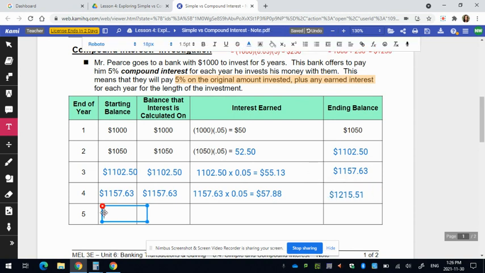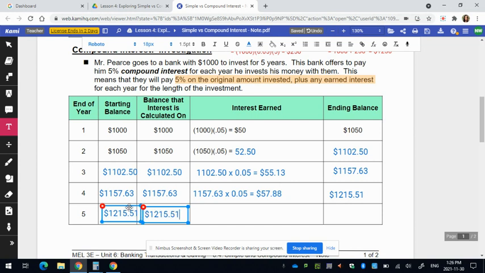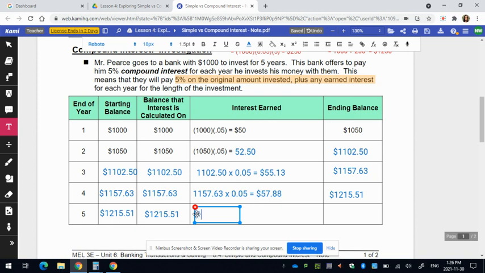That's what we'll start out with and what we'll calculate our interest with. So in the final year, we take 1,215.51.